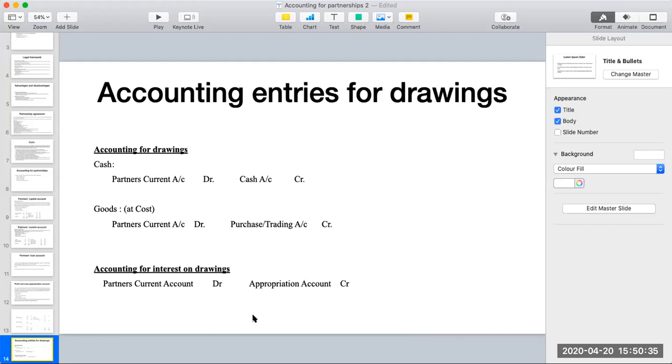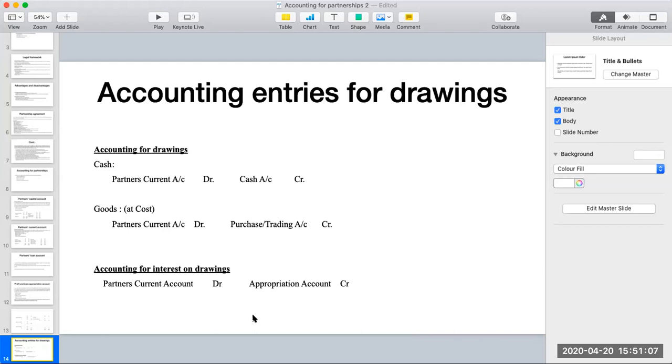If it is goods, same as the previous one, partner's current account is anyway debited. Credited to purchase or trading account. If it is cash, it goes to cash account. If it is goods, it goes to purchase or trading account. So in preparing the P&L account, if there are any goods drawings, that will be deducted from purchases.